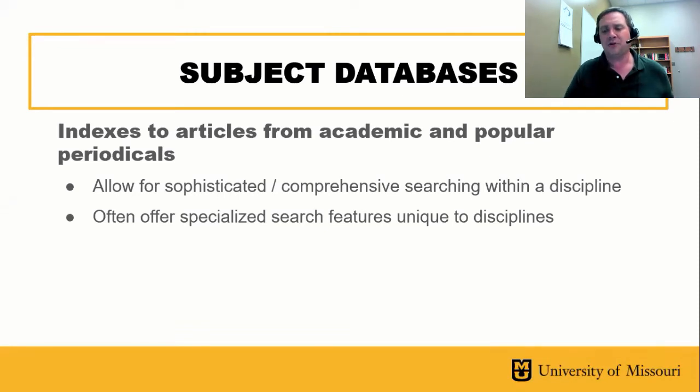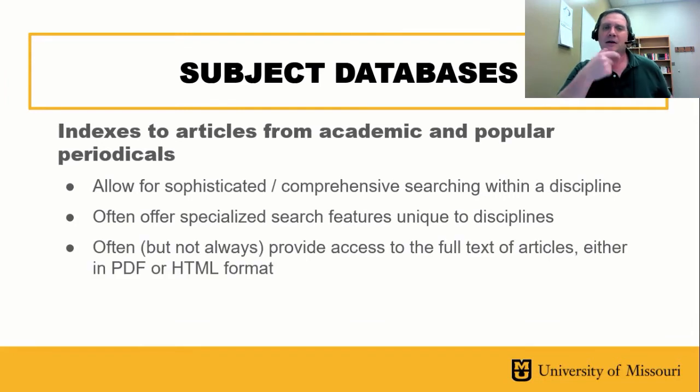You'll be able to filter or refine by the types of subjects. So is the article looking at adolescents? Is it looking at the elderly? Is it focusing on men or women or college students? So depending on the discipline, there might be some special filters and refiners that you'll be able to employ based on what tends to show up in the literature.